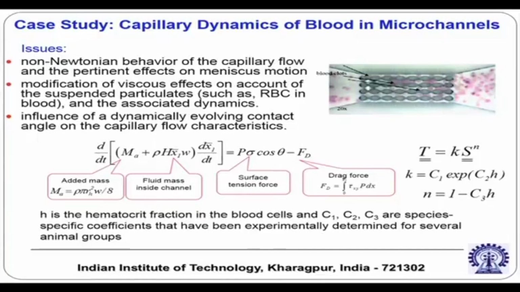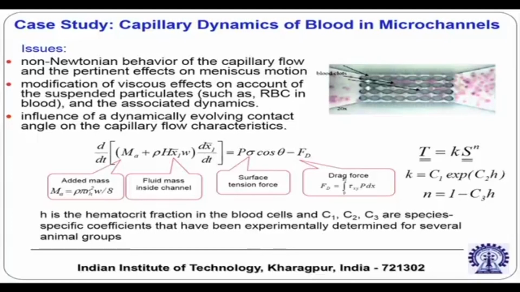In medical applications, things are very complicated, so you do not always expect that equations and expressions will be derived from first principles. These are the expressions for K and N given here; they are not derived from first principles, but are curve fitted from a huge number of experimental data collected over the years.